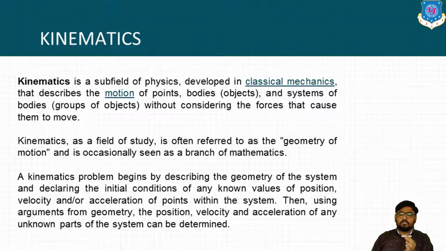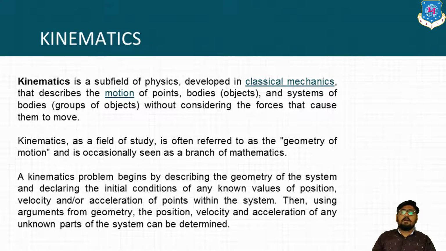We are studying what path it is following, whatever trajectory it is performing, about what fulcrum point it is moving, but not the cause of the motion. So it is thus known as the geometry of motion.